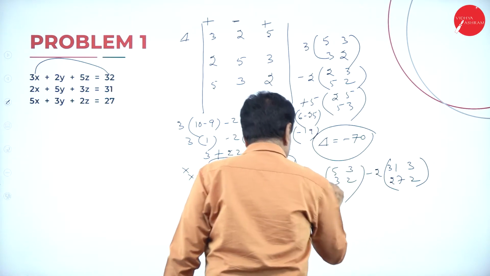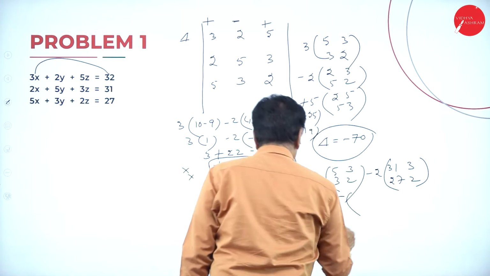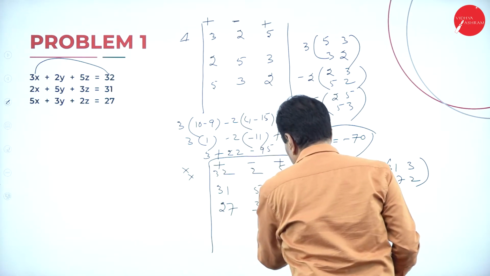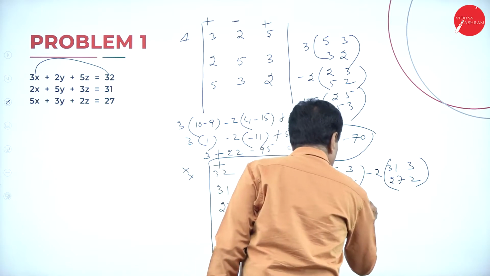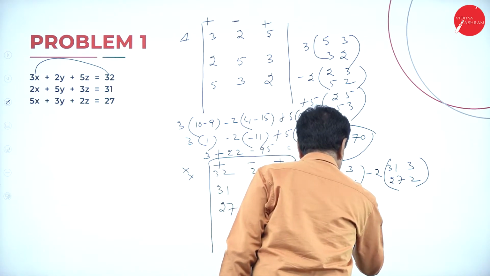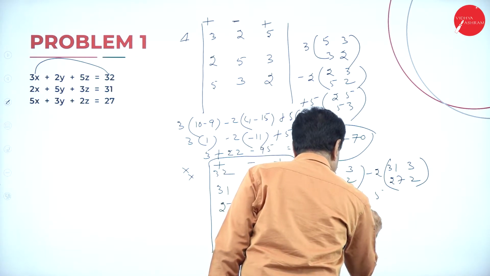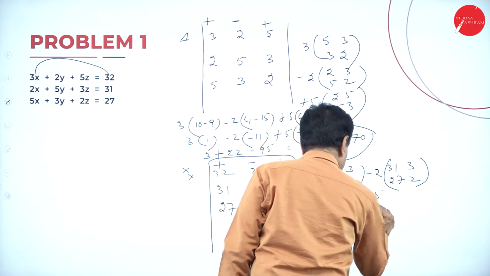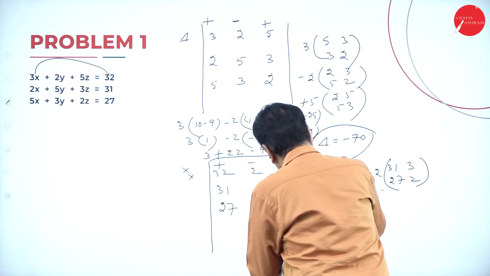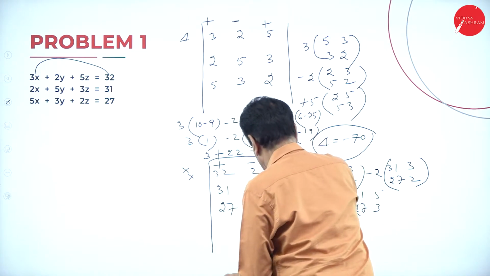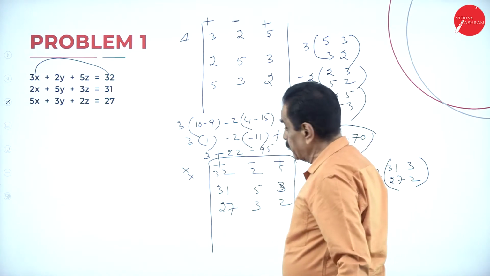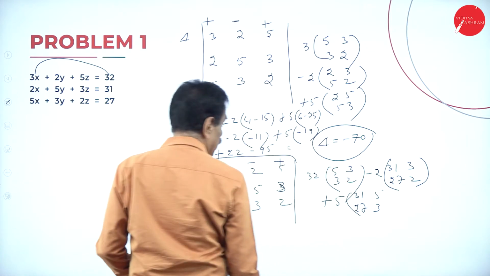Third one, plus 5. This row gone, this column gone. What is left over? 31, 5, 27, 3. This and this will be left over. We'll simplify this.